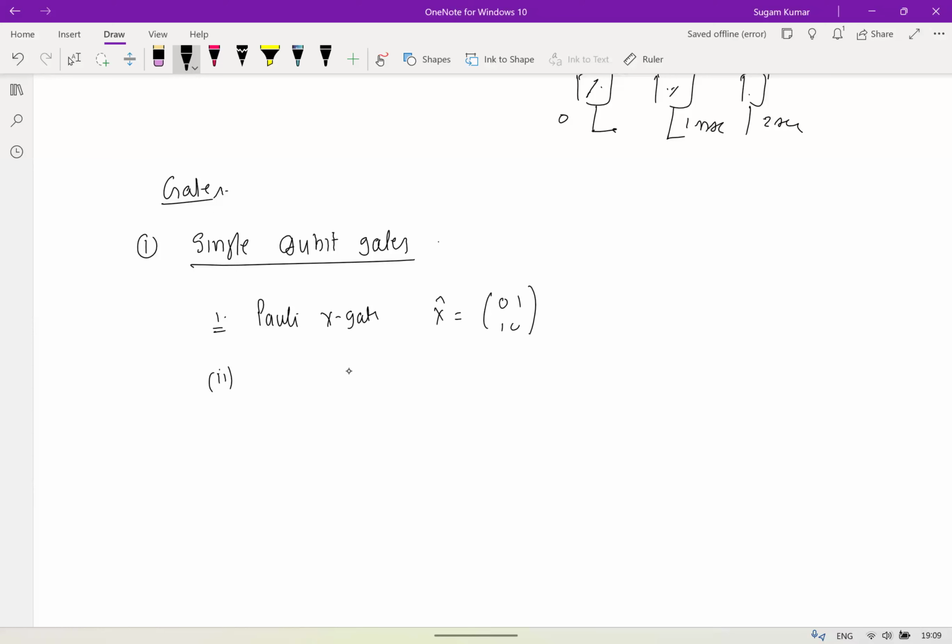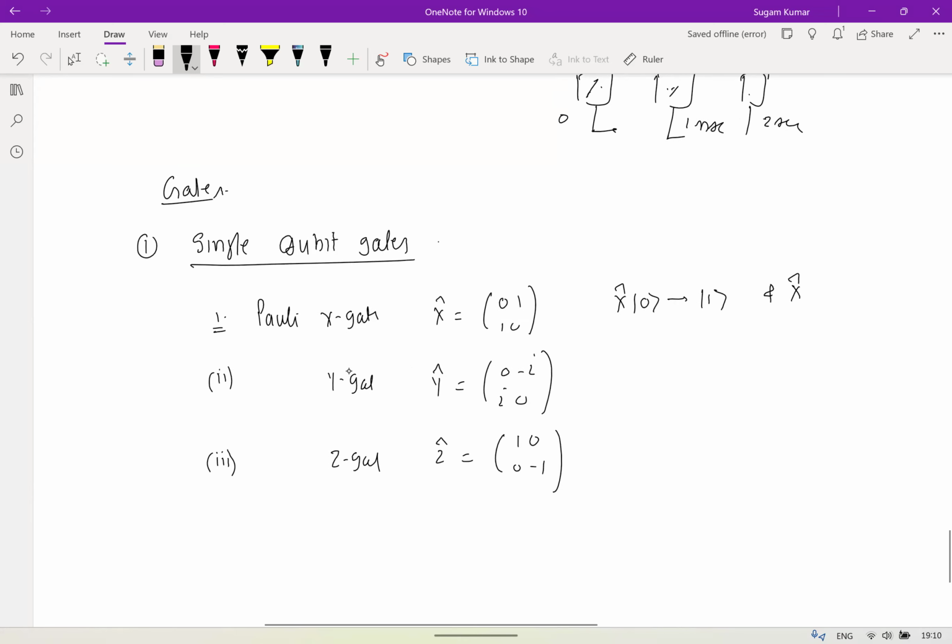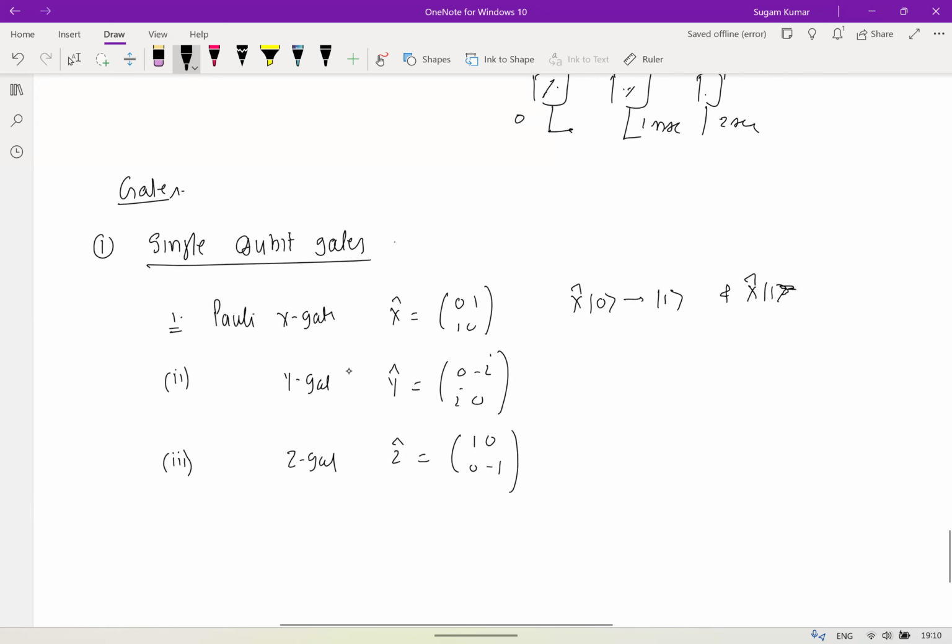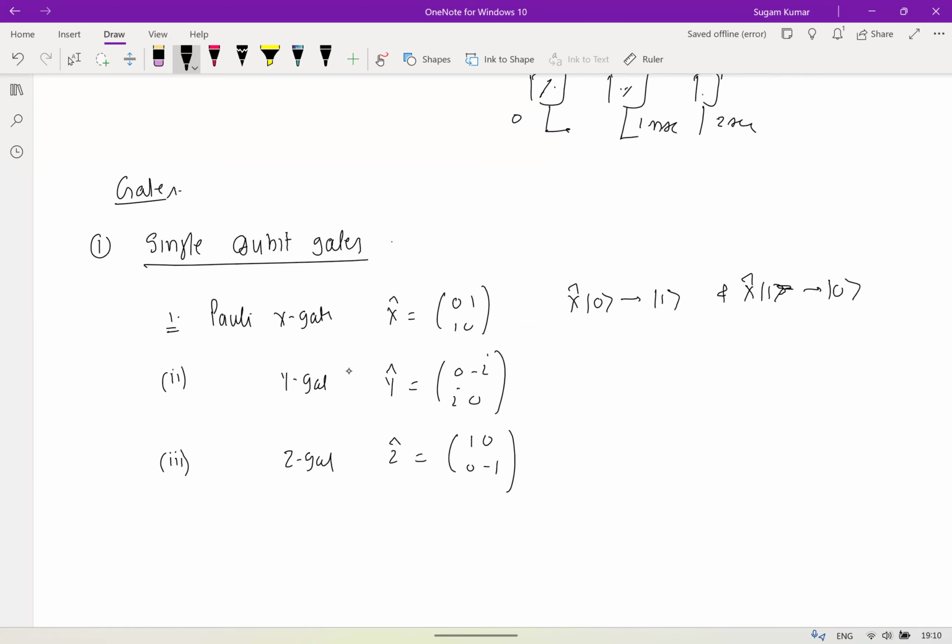Then I talked about the Pauli Y gate, nothing but 0, minus i, i, 0. Then third, the Pauli Z gate, nothing but 1, 0, 0, minus 1. The X function you already know: it is going to make 0 to 1 and 1 to 0, correct?